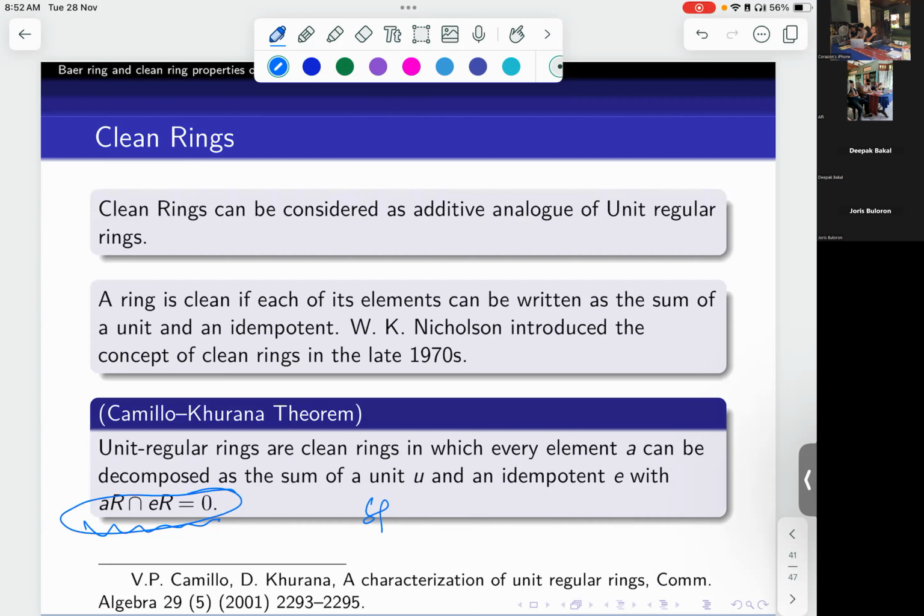In some way these are special clean rings, because this condition is very rigid. If this condition holds for an element, we call such an element a special clean element.